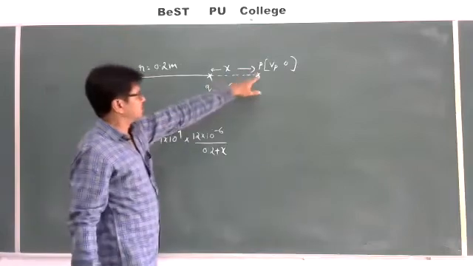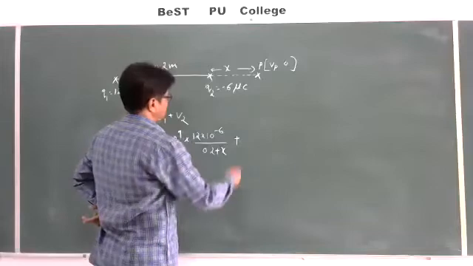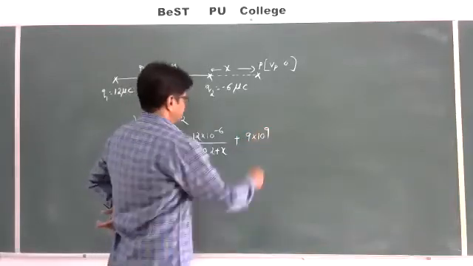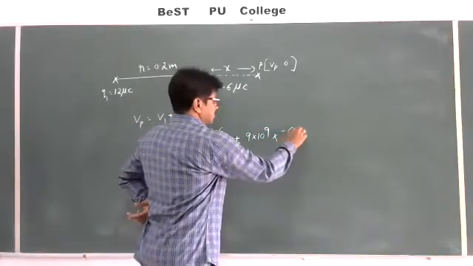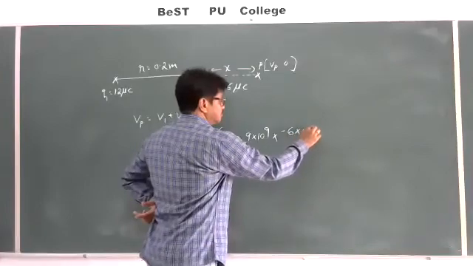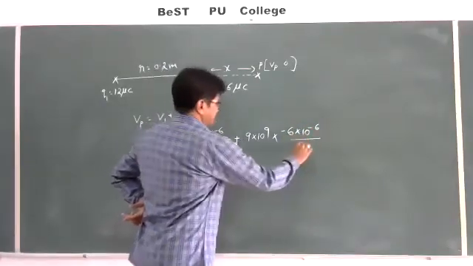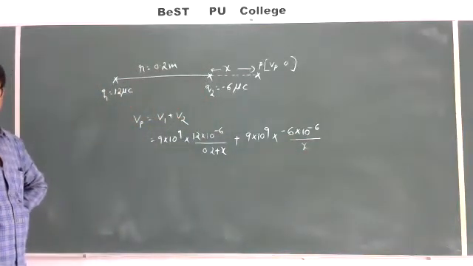Because of this charge, one more potential is there, plus 9 into 10 to the power of 9 into minus 6 microcoulomb divided by the distance x.